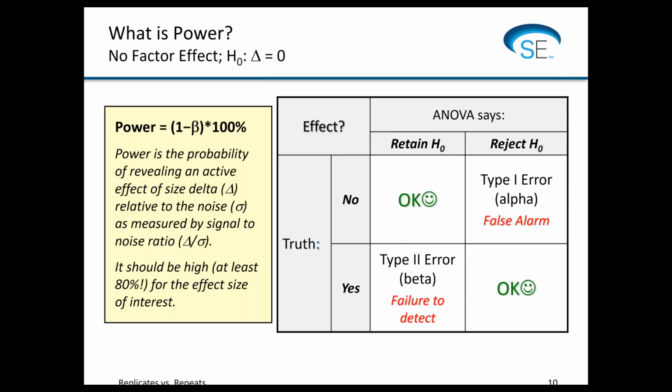Okay, what if there is no effect, but we end up rejecting the null hypothesis? So the ANOVA says there is an effect. There really wasn't one, but the ANOVA says there really is one. That's what we call the type 1 error, and that's measured by alpha. Okay, you see that directly in the analysis of variance table.